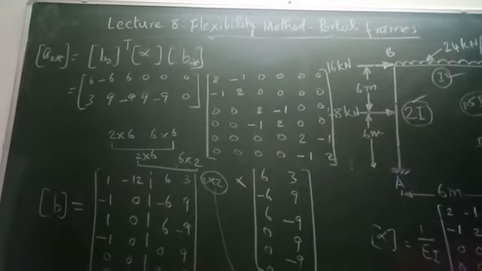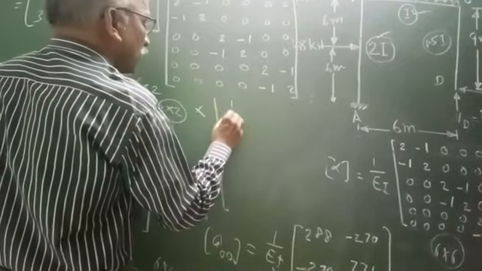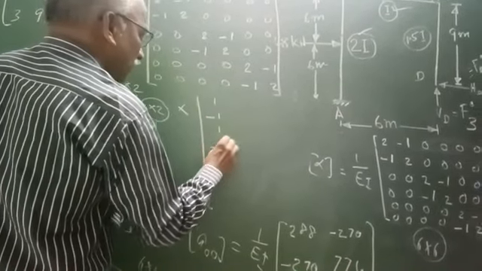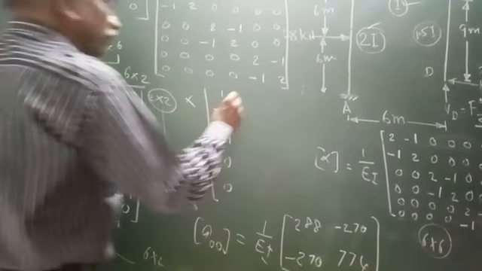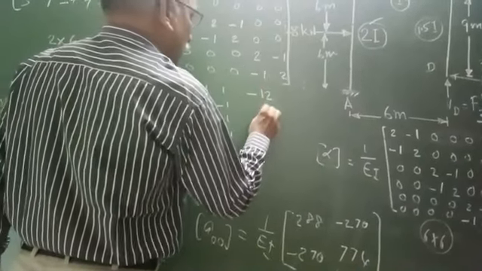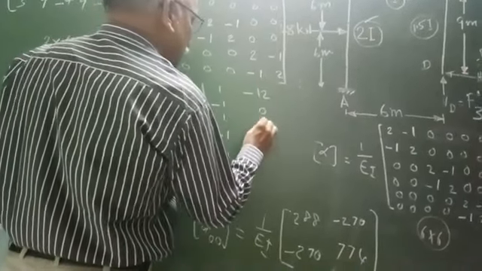The third one is B star. It will be 1 minus 1 1 minus 1 0 0 1 minus 1 1 minus 1 0 0 minus 12 0 0 0 0. So this is there.